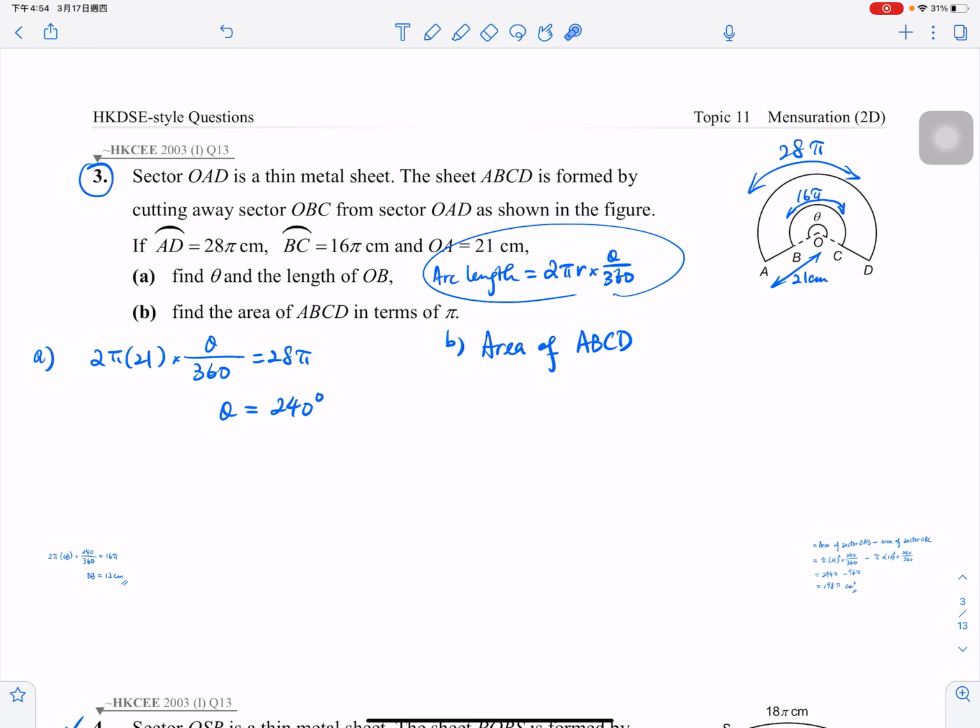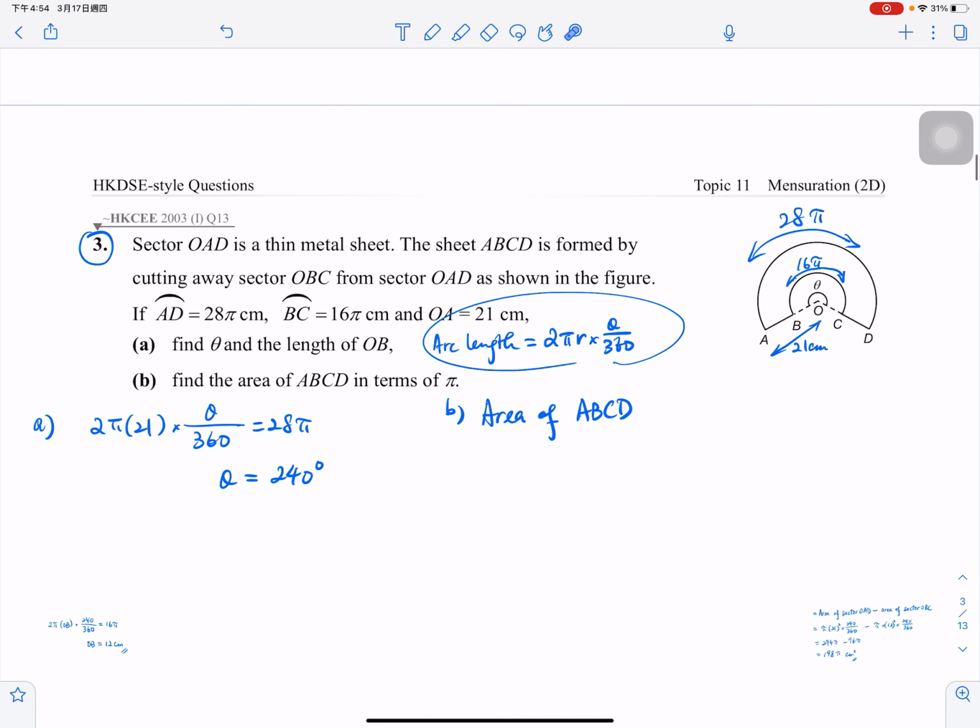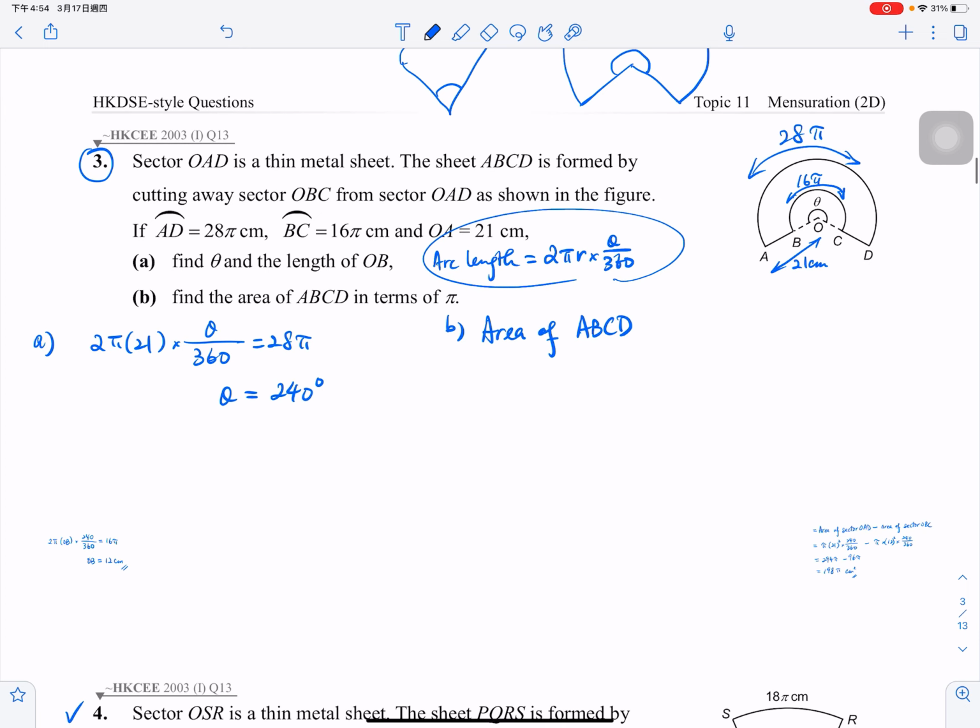One more thing, remember the sector may be like this, however theta may be greater than 180 degrees, and this is also a sector. So now you see this is 240 degrees, a reflex angle.